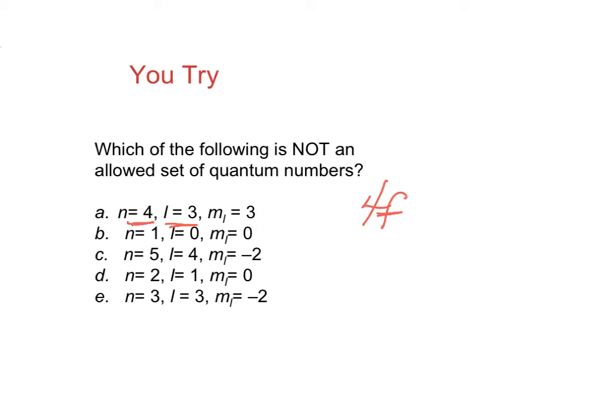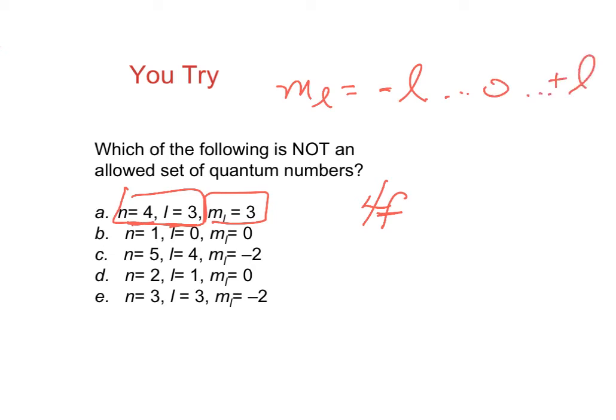And so we're talking about a 4f orbital. Now, is this m sub l value allowed? Remember that m sub l goes from minus l up through 0 all the way to positive l. So an m sub l value of 3 is perfectly acceptable if l equals 3. So that one's okay.